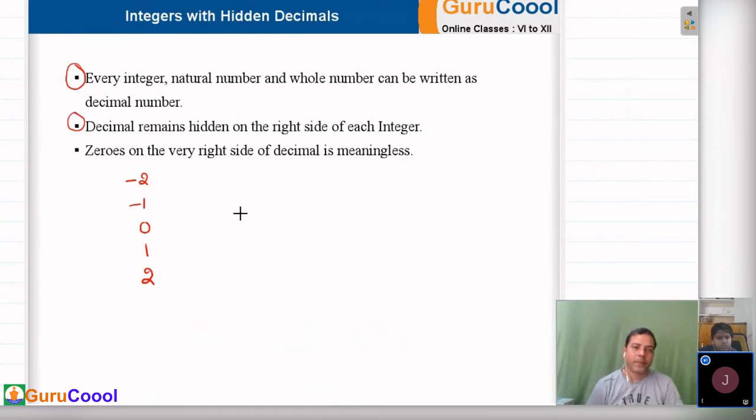So as you said, you don't see decimals there, right? But I see a decimal there. It is hidden, sir. Where? Can you show me?